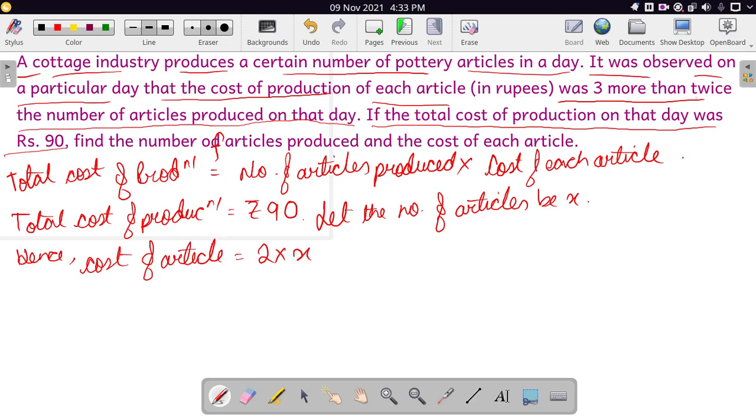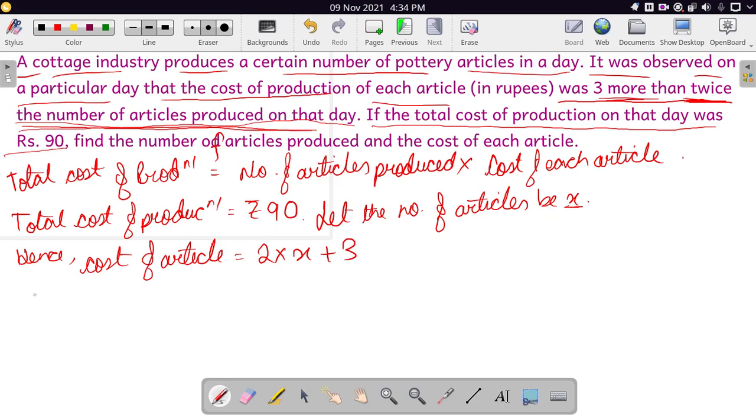Because it was observed twice the number of articles produced on that day. The number of articles produced on the day is X. Twice the number means 2X plus 3. Why plus 3? Because 3 more than twice the number of articles produced on that day. This is the reason. Okay, so this is the cost of each article.